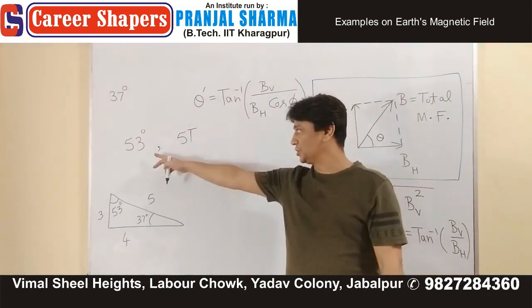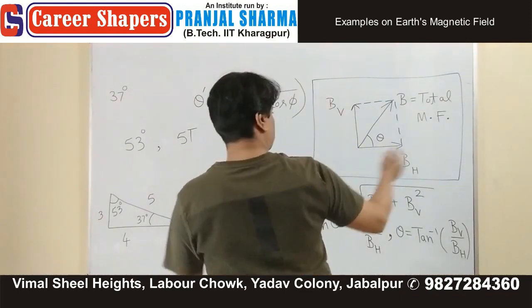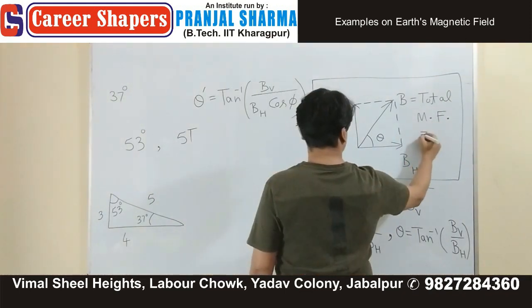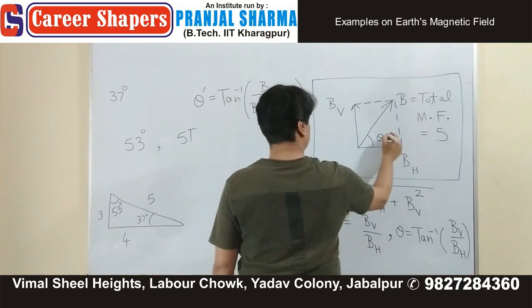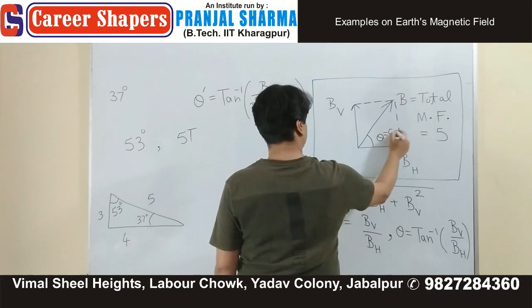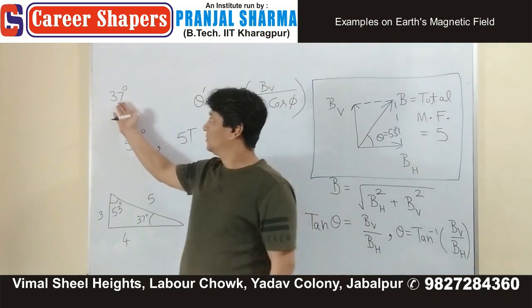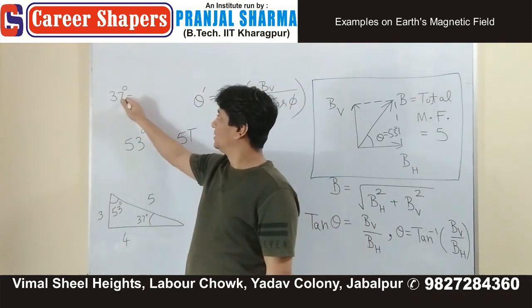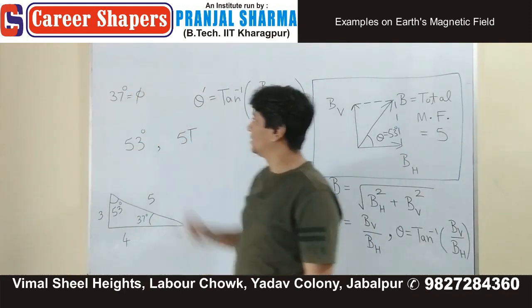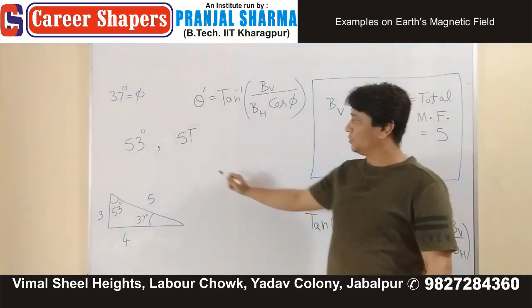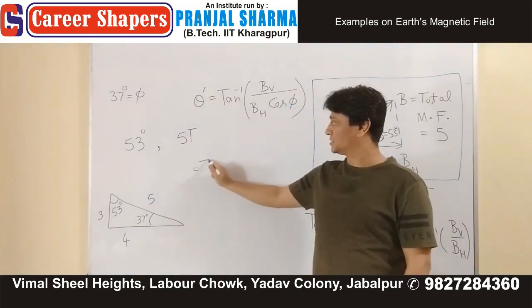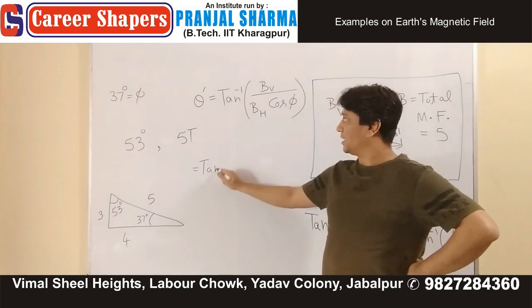Angle of inclination is what? 53. So you have been given this 5. This is 53, 37 is 5. The only thing you're supposed to do is this, and you're taking enough time for that.